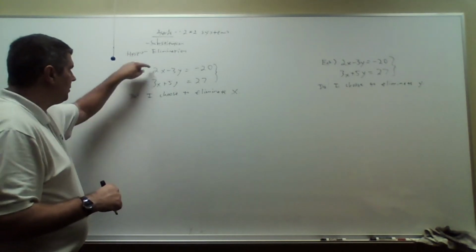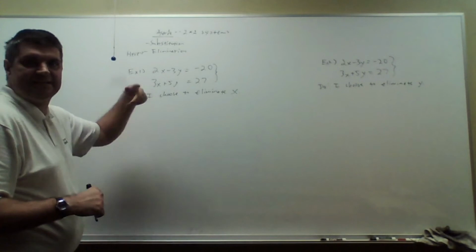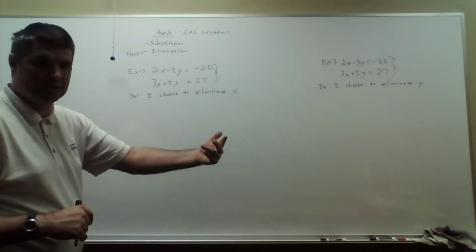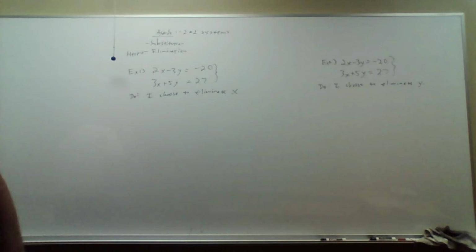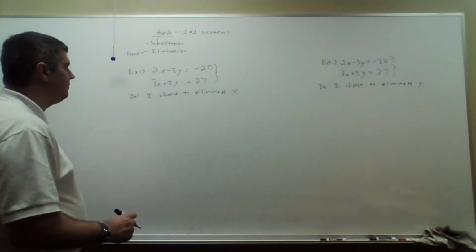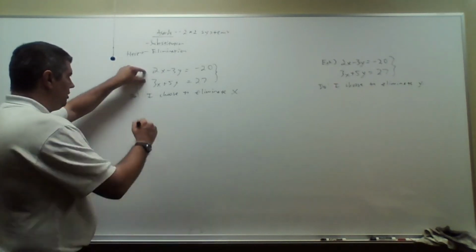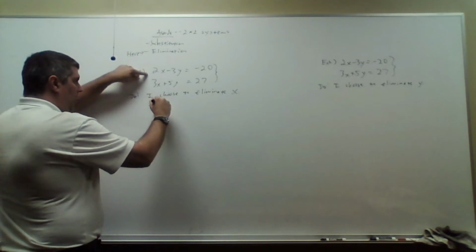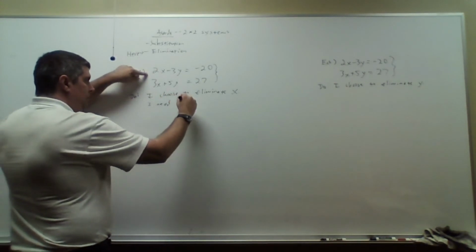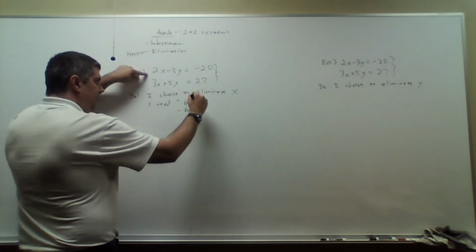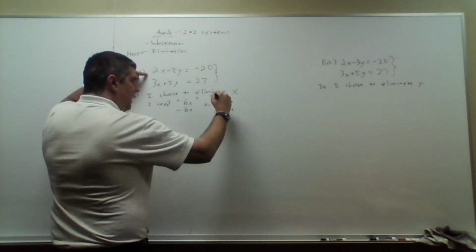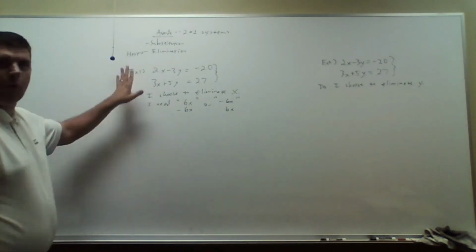The lowest number that 2 and 3 divide into evenly is 6. So I need 6x and negative 6x, or negative 6x and 6x, in either order.